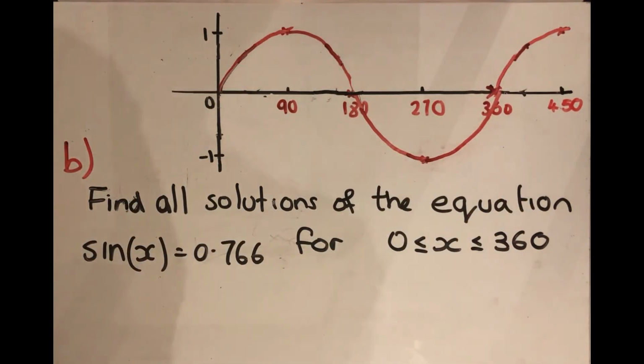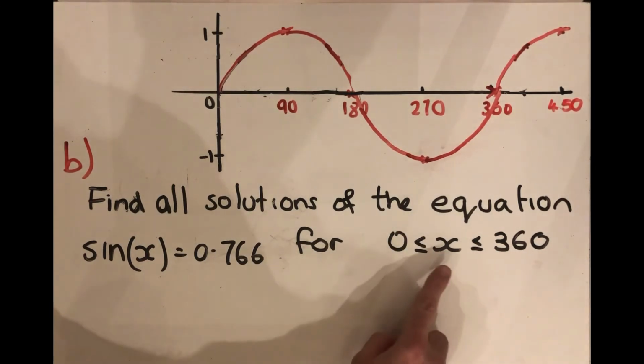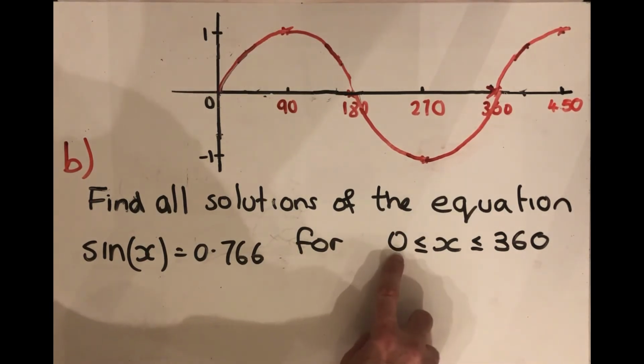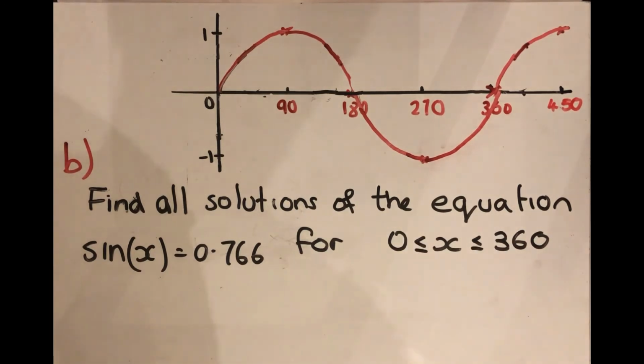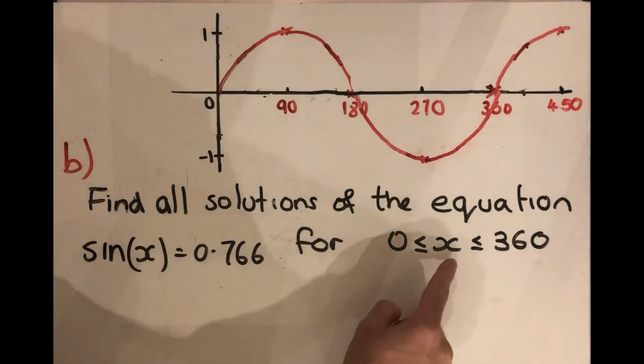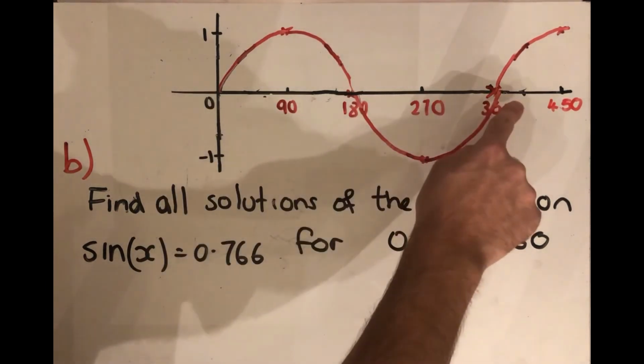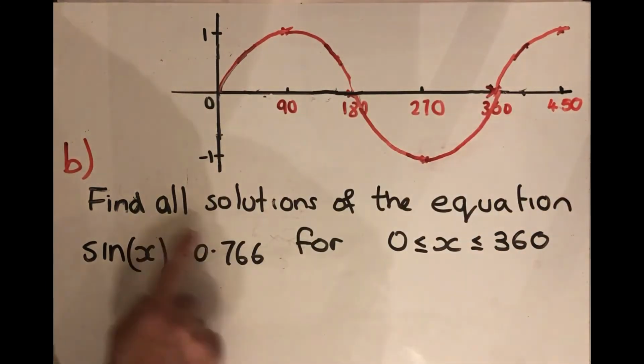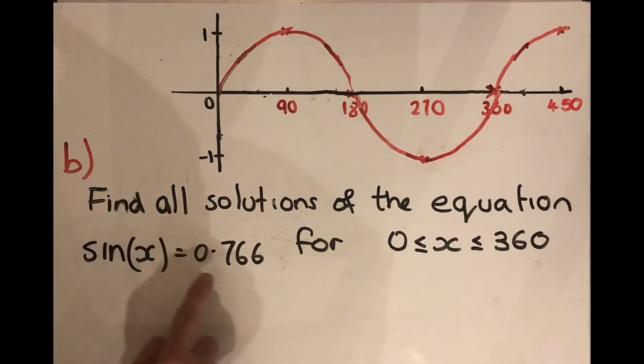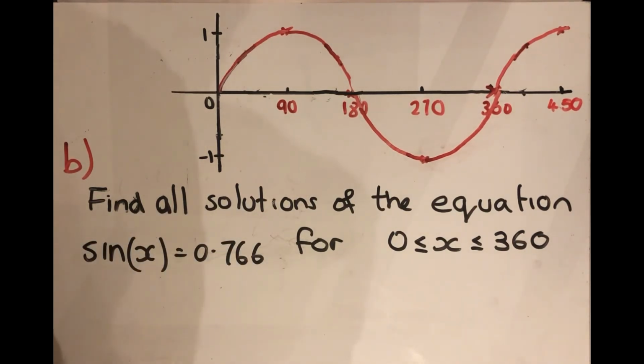Part B says, find all solutions of the equation sine x equals 0.766 for x values between 0 and 360. So anything greater than or equal to 0 or less than or equal to 360. In fact, what they're trying to say is, for all the x values between here and here, can we find solutions of this, where sine x is 0.766?